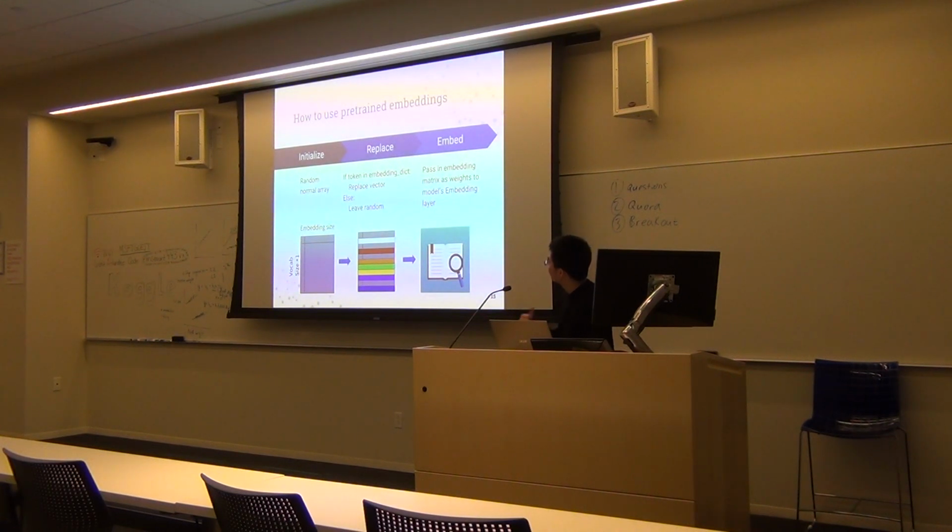So that's what I'm talking about in this slide, is how do you actually use the pre-trained embeddings that you were able to load in. So one way to do it is to randomly generate an array that is normally distributed around the mean of the pre-trained vectors. And then you replace the random vector with their pre-trained vector if your token is in their matrix of pre-trained embeddings.